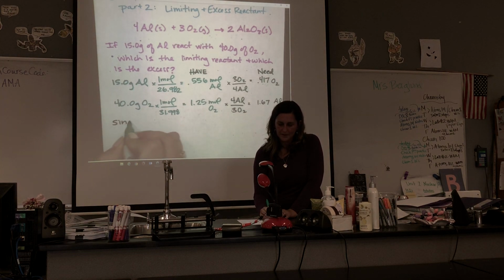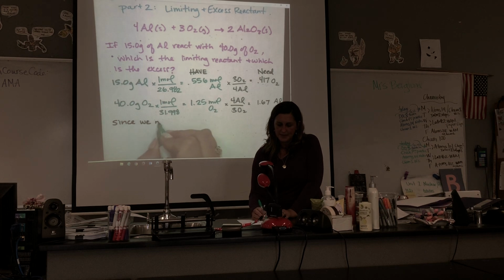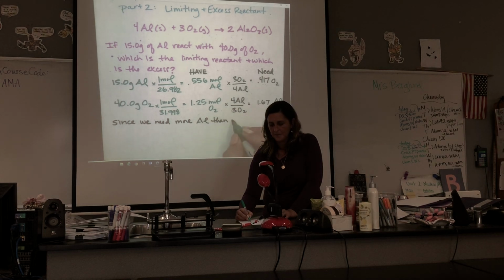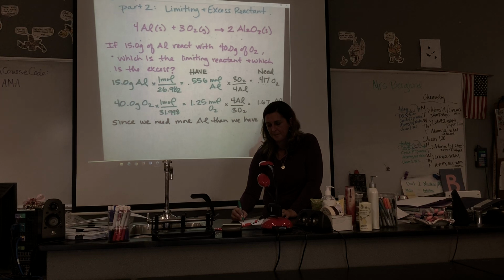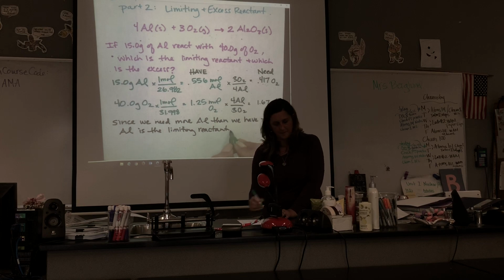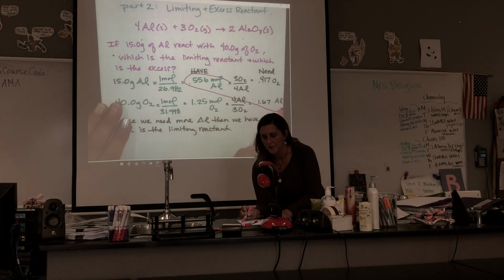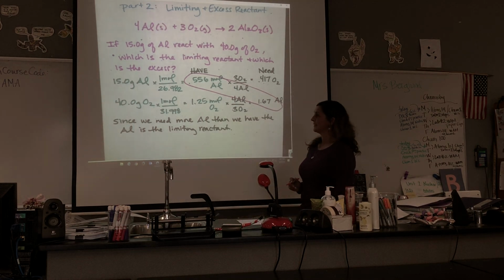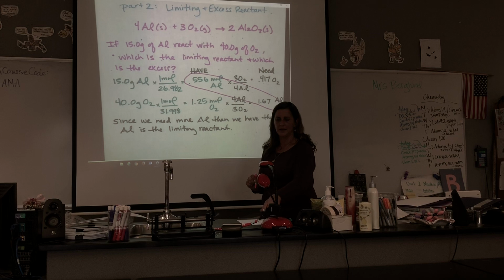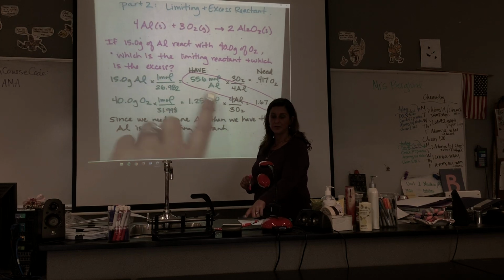So since we need more aluminum than we have, the aluminum is the limiting reactant. I always just do a little cross bubble there so that I see what I have versus what I need.